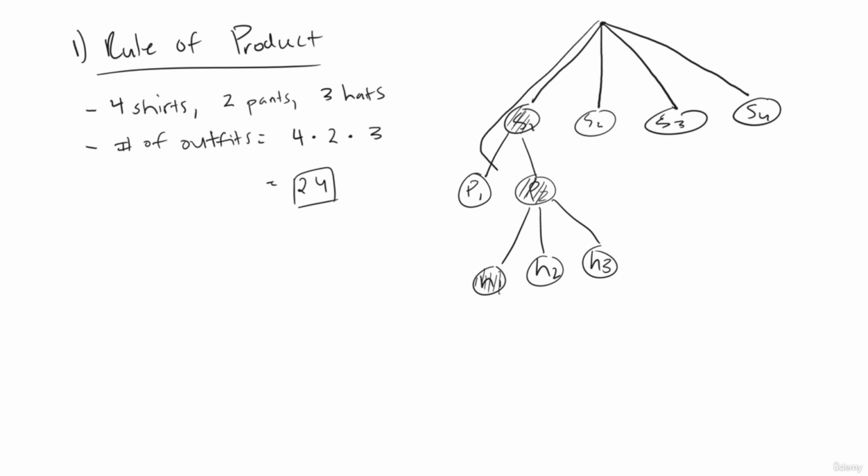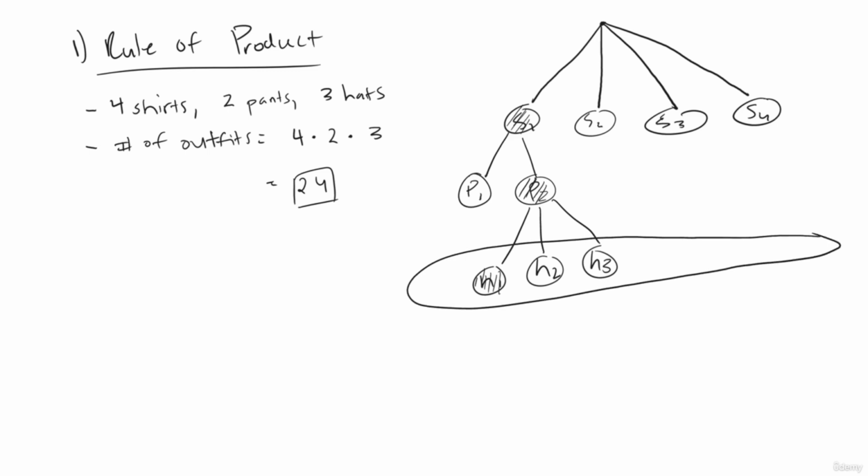This whole path right here is just one possible outfit combination out of all 24. Because every single one of these P1 nodes has 3 hat combinations after being selected. Every single shirt has 2 different styles of pants. And so if I was to draw out this tree completely, you'd have this bottom row filled up right here with nothing but leaf nodes of different types of hats.